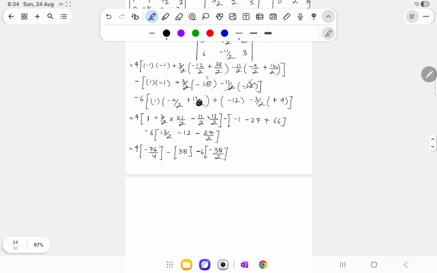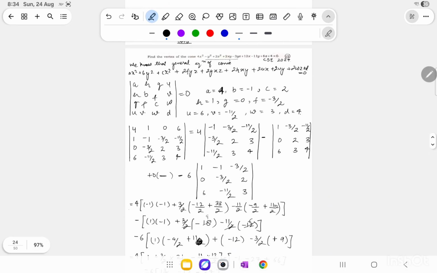If I calculate it, I get minus 76 minus 38 plus 3 into 38. This is equal to 0. Since we got this as 0, the given second-degree equation represents a cone.